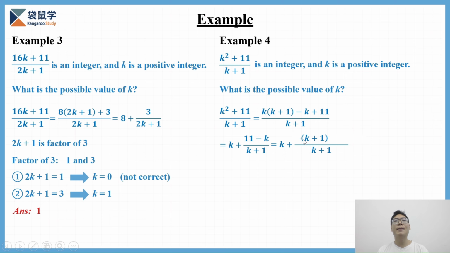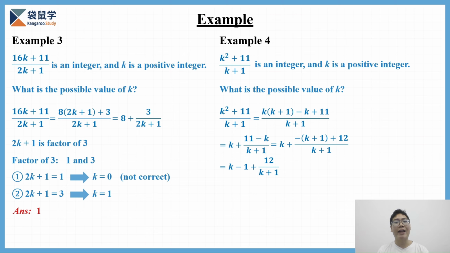Very good. Multiply it by negative 1. So from here we will add a negative in front of the bracket. So we'll get negative k, which is what we wanted, and another negative 1. So how can we get from negative 1 to 11? Yes, it is plus 12. So from here we will get k minus 1 plus 12 over k plus 1.